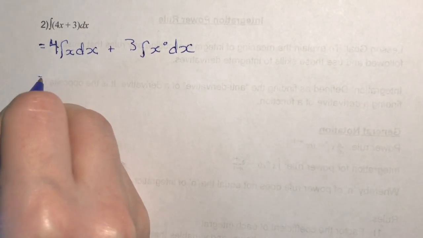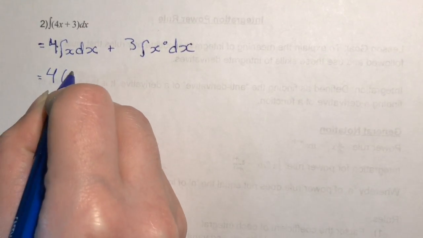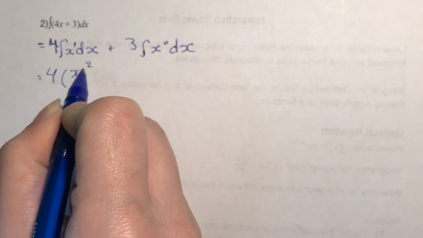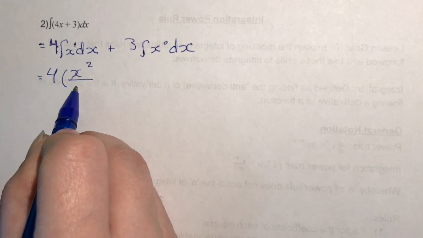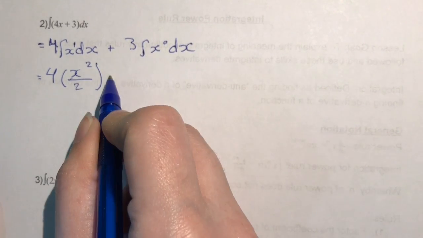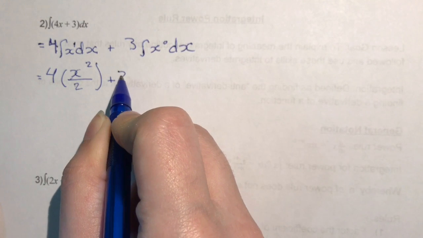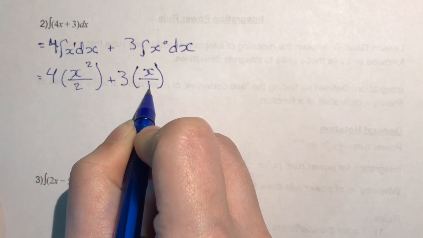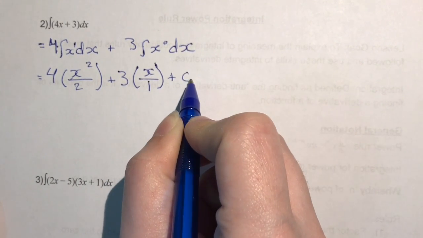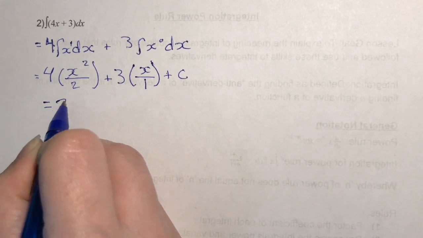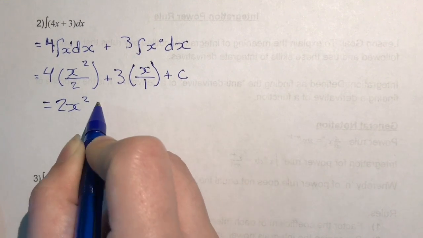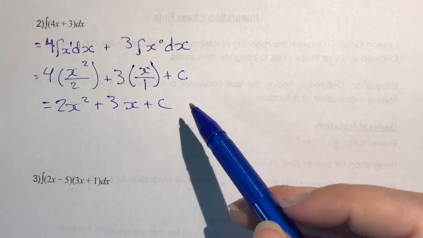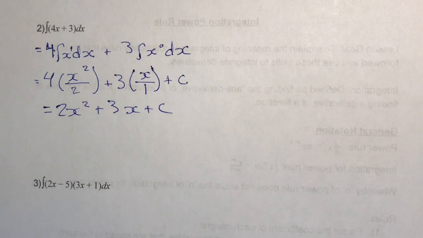Then we can find that 4 times x to the 1 plus 1 is 2 over 2, which is going to be plus. Then we know that 3x to the 1 over 1 plus c. After simplifying, we get an answer 2x squared plus 3x plus c. And if we had a point or any additional information, we could actually solve for c.